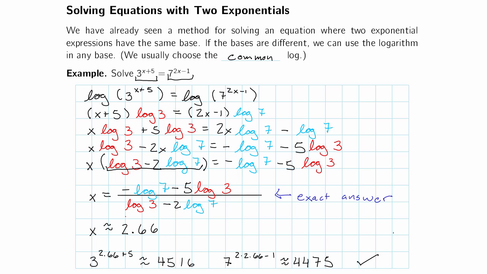Okay, things to note. This equation had one exponential expression equals another exponential expression. And that's about the best we can do. We can't really handle it if we have anything much more complicated than that.